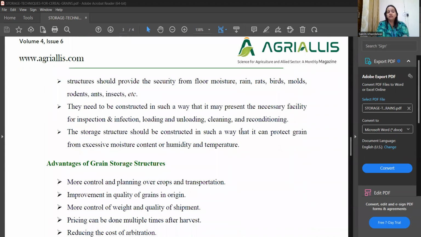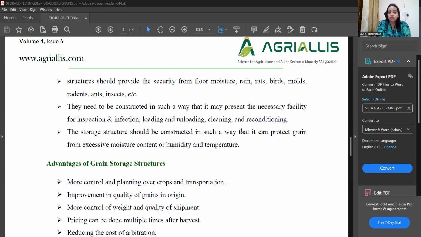The structure should provide security from floor moisture, rains, and rats, and we should always choose a storage structure where moisture, rain, rats, birds, molds, rodents, and ants or insects cannot enter.